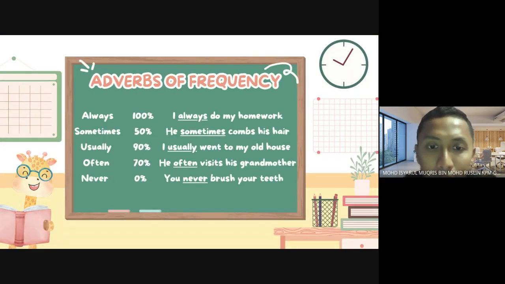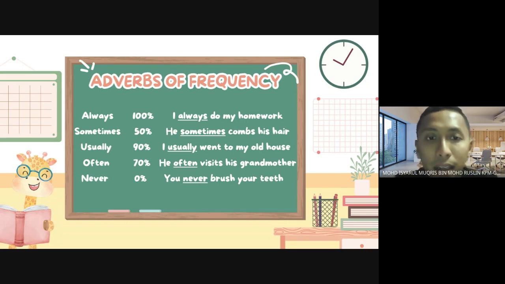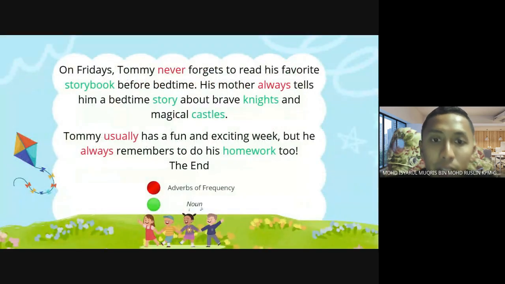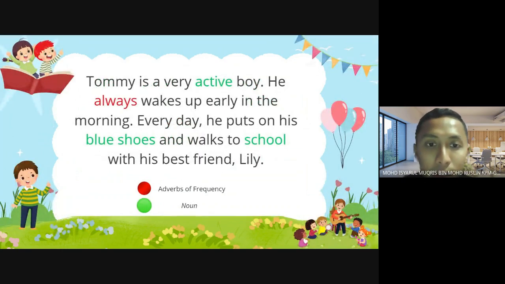Next we move on to the next subtopic, which is suitability for students' level. How is this material suitable for Year 5 students? Firstly, the language level is appropriate. It uses simple present tense and short, clear sentences. Second, the context.